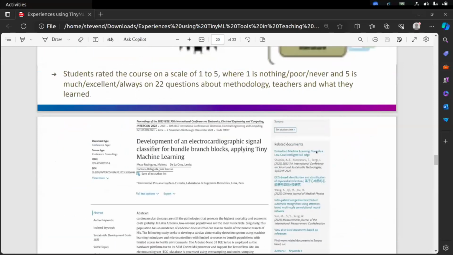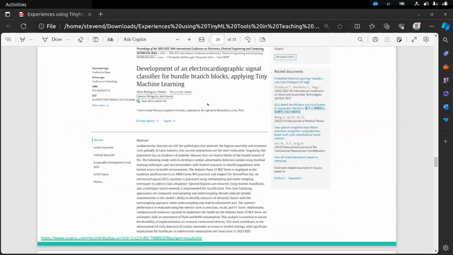Okay, this is one of the articles that we have published in a congress. This project was born in our course, but after considering that it has the potential to be presented at a congress, we sent it.